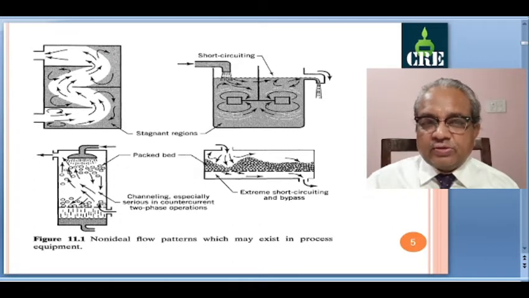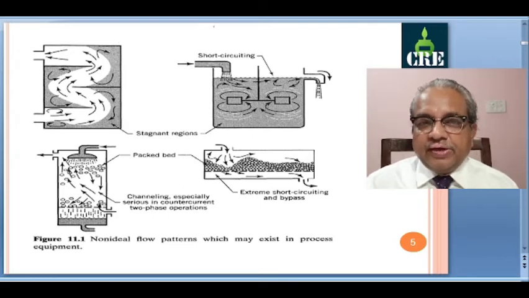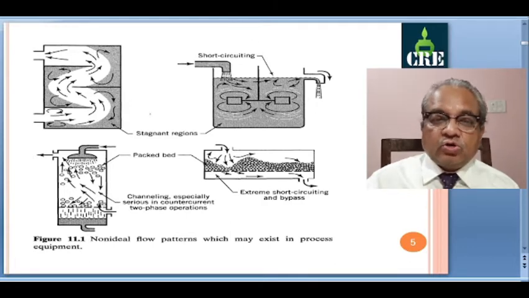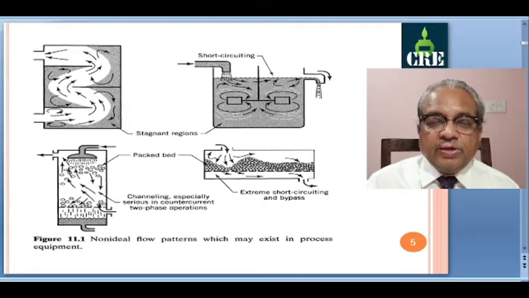So whether it spends less time or more time, it is a disadvantage, and this is one kind of non-ideality related to residence time distribution. Then here you can see there is mixing and it is entering, and here itself immediately this may find some route and escape. That is possible, and this is called short circuiting, spending much less time than tau.